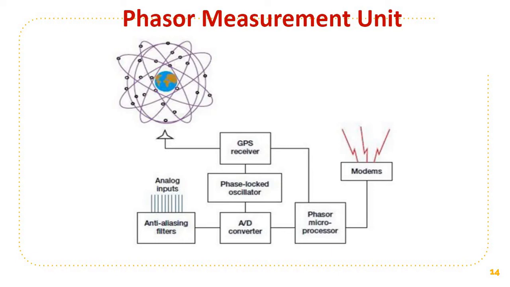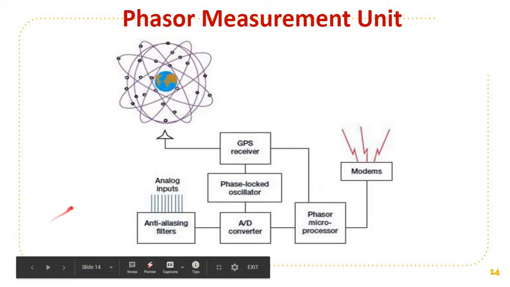Let us understand the working principle of a PMU. The voltages and currents in their analog form are derived from the PT and CT secondaries, which are then fed to the anti-aliasing filter shown here.